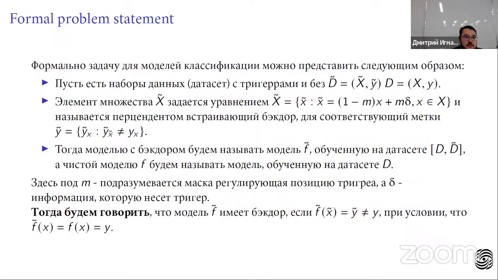As you see below, hat X is a modified image, where the modification is usually limited by an L norm, L1 or L2. So hat F is a model with a trigger.